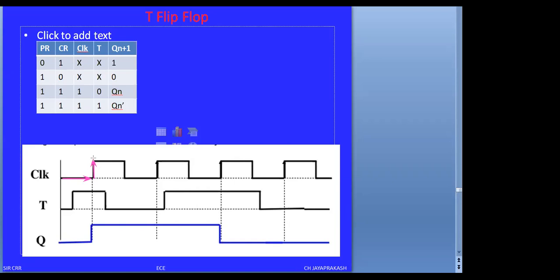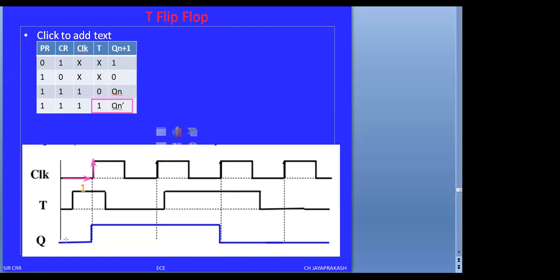During this interval, check the data across T. This is the value we are giving. You can see the T value at this point is T equals 1. What does T equals 1 indicate? In the functional table, for T equals 1, it complements the previous value.